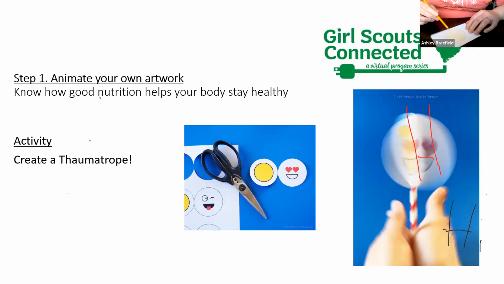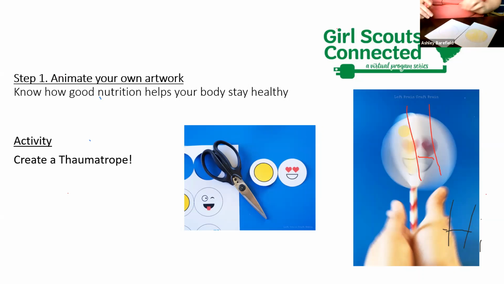Okay, so you all can see that it is shaded yellow. You can use markers, colored pencils, crayons, whatever you have. So we're just going to color one of the circles yellow, or whatever color, like I said.